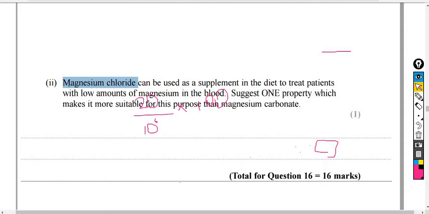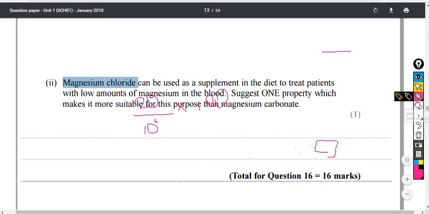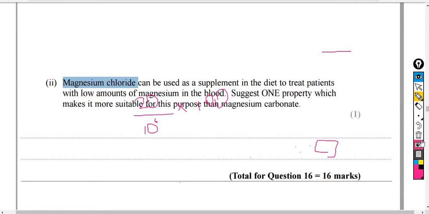So why would you use magnesium chloride and not magnesium carbonate?